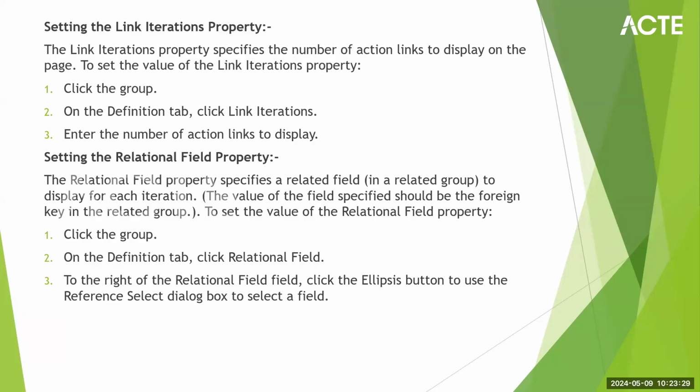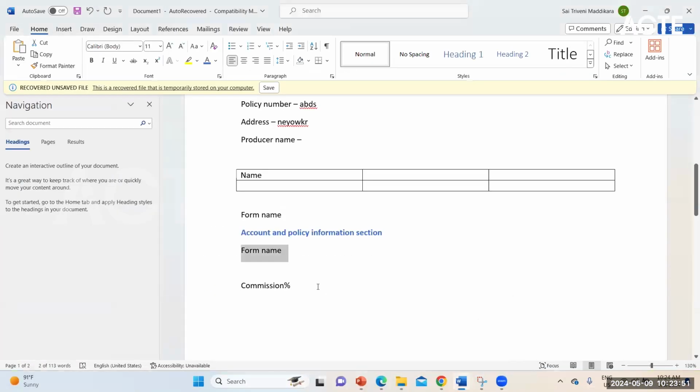Setting the relational field property. The relational field property specifies a related field in a group to display for each iteration. The value of the field specified should be the foreign key in the related group. For example, Duck Creek Training is the main group I created in fields.